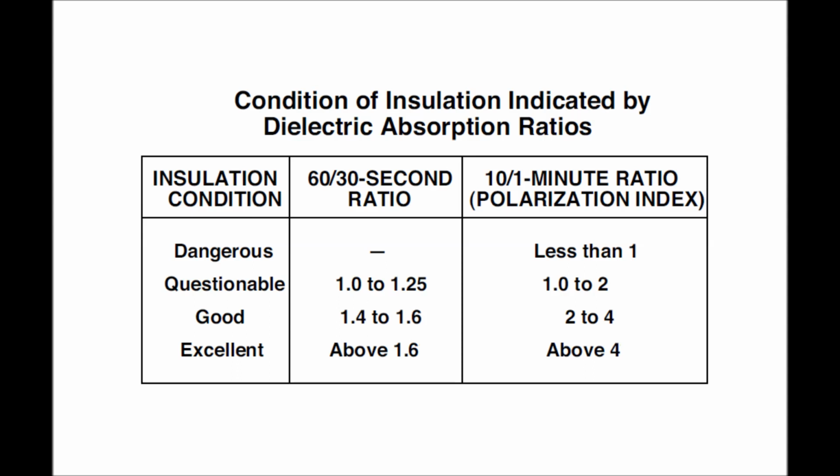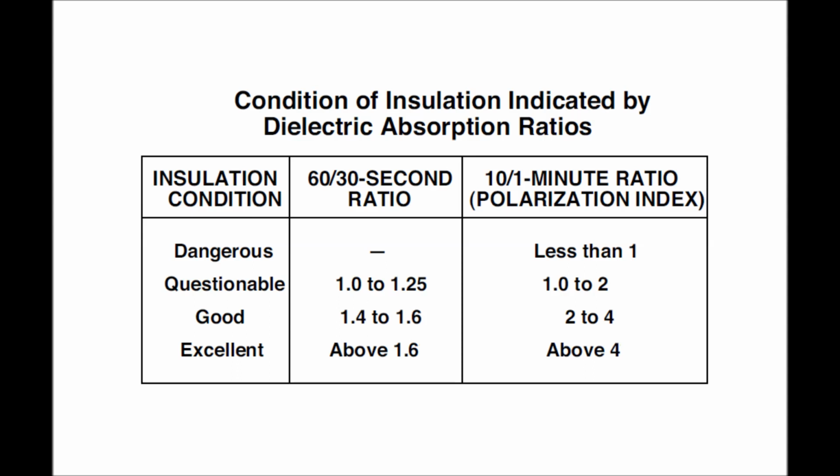In this table, the values for DAR and PI are shown. For different values of DAR and PI, we can interpret different conditions of the insulation of the transformer. If the value of the PI, that is the insulation resistance measured at 10 minutes to that measured at 1 minute, is less than 1, then the insulation is said to be dangerous.